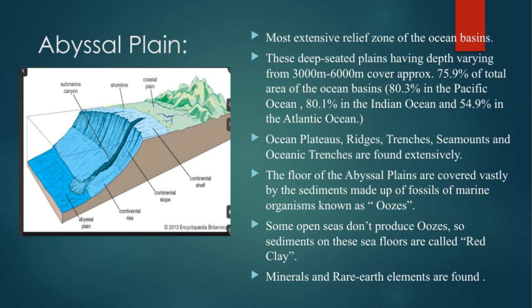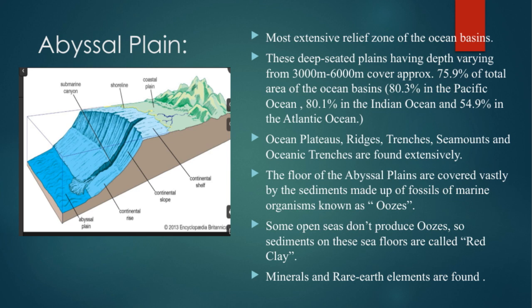The floor of the abyssal plains is mostly covered with sediments made up of fossils of marine organisms, and we call these oozes. These oozes are rich in organic material and give us clues about the deep-sea life and conditions. However, not all ocean floors produce oozes. Some open sea areas don't have these sediments, and instead, their floors are covered with what we call red clay. This difference is important because it reflects variations in biological activity and sedimentation processes across different regions.